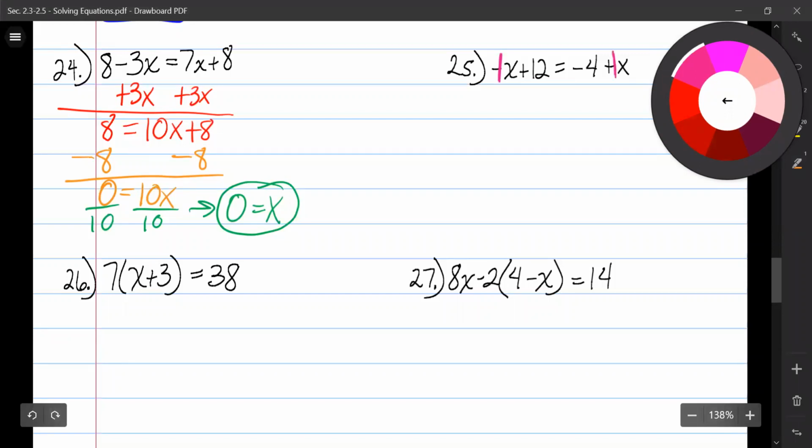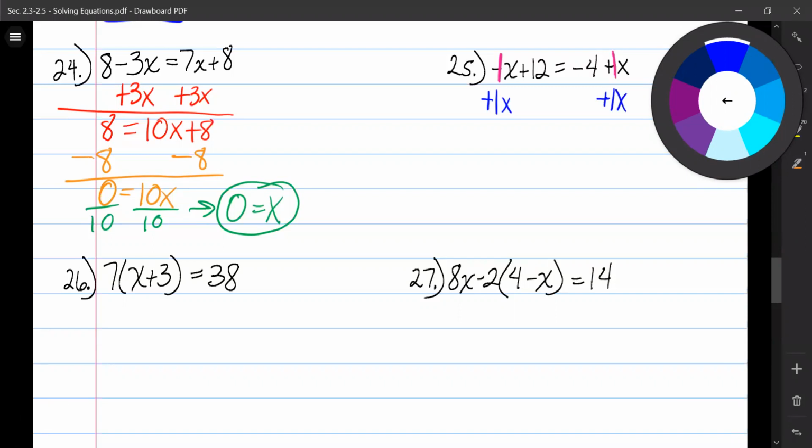So we got those invisible ones in there. All right, so I will go ahead and I'm going to add 1x to both sides. Like I said, you could go either way. You could add 1x to both sides, or you could subtract 1x from both sides. Either way, you'll get the same answer.